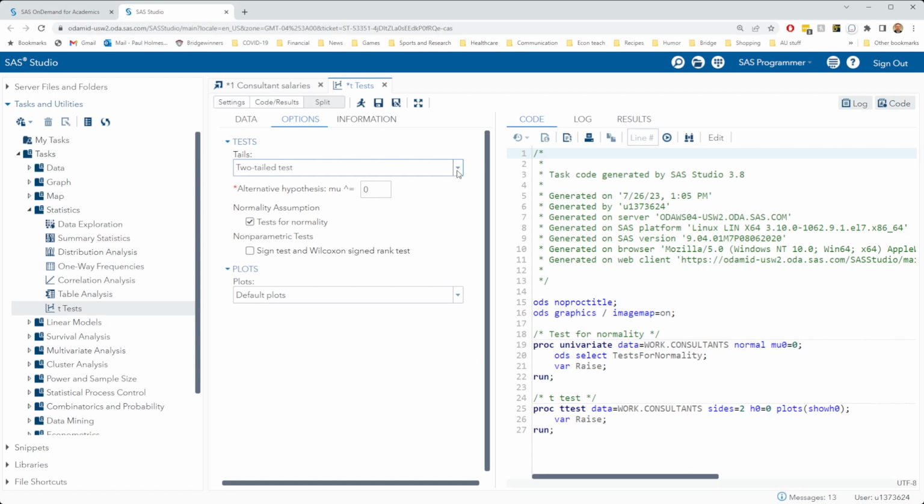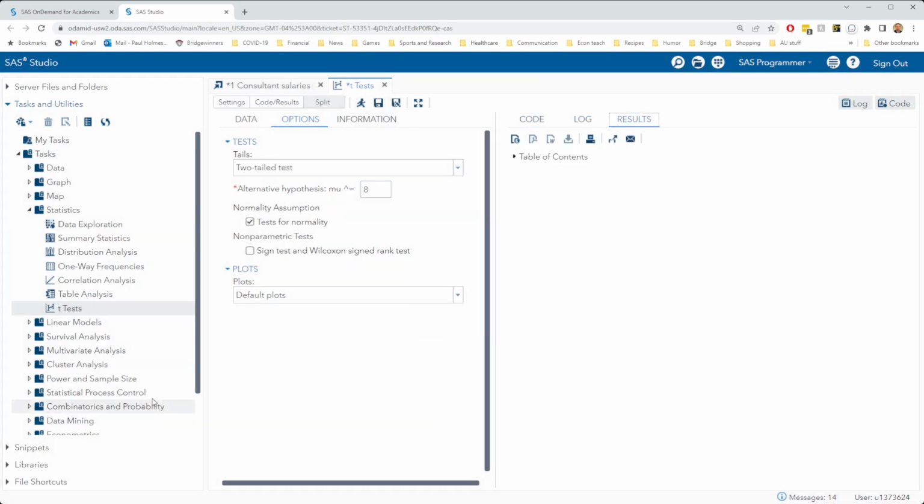So our alternative hypothesis should be that raises are different from 8%, which means that evidence either above or below would convince us that our null hypothesis of an 8% raise is incorrect. So that tells us we should be using a two-tailed test. Our alternative is that mu, the average raise, is not equal to this 8% level. Okay, let's run our test, see what we get.